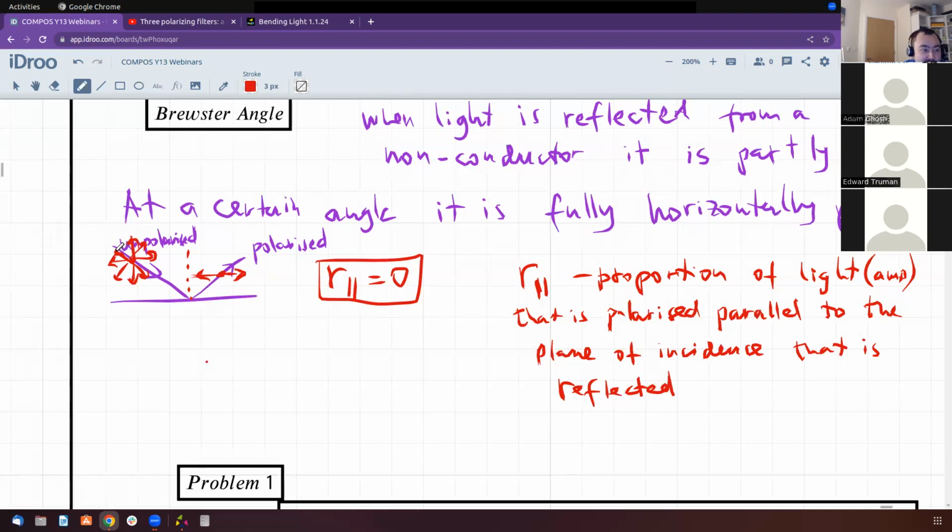So you have light coming in. Some of it is like this, and some of it is vertically polarized. So this is the light that is polarized in the plane of polarization, so vertically polarized.